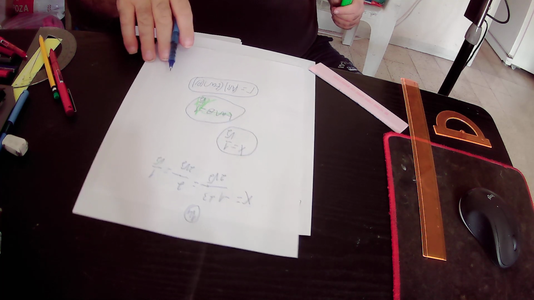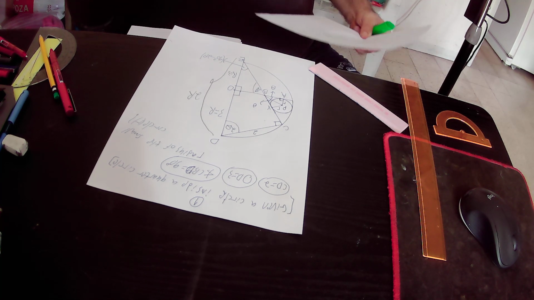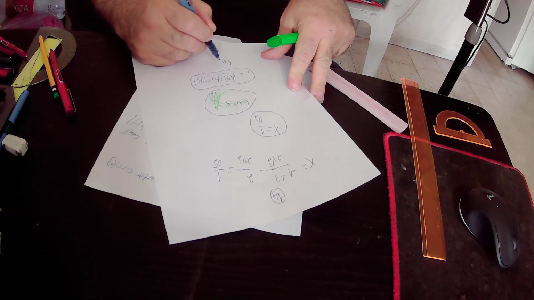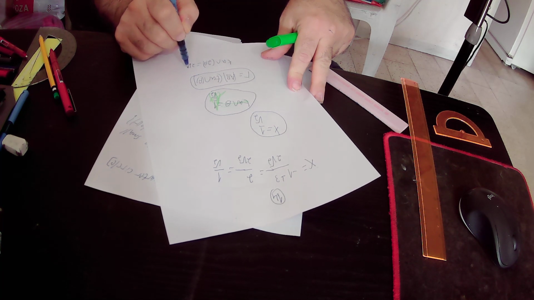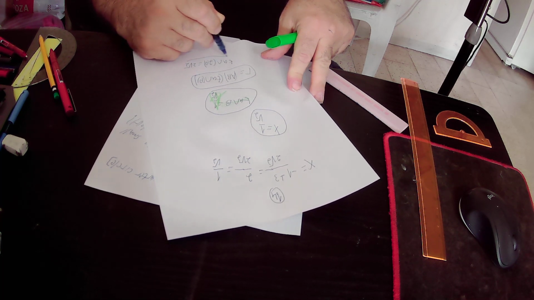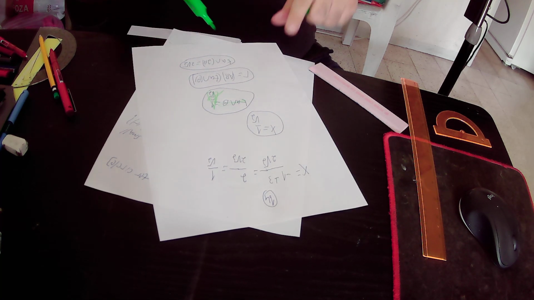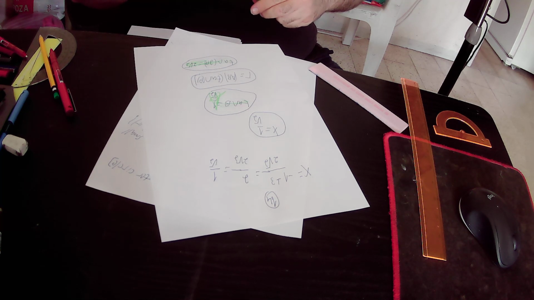Okay? And we also found out that tangent 2 theta equals 2 times root 2. Okay? Tangent 2 theta equals 2 times root 2.